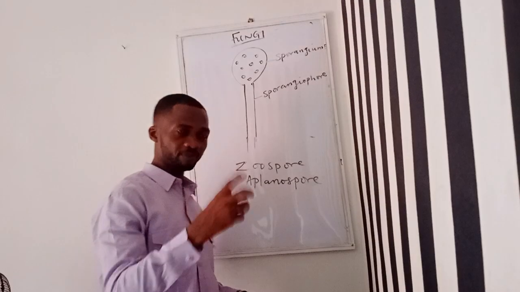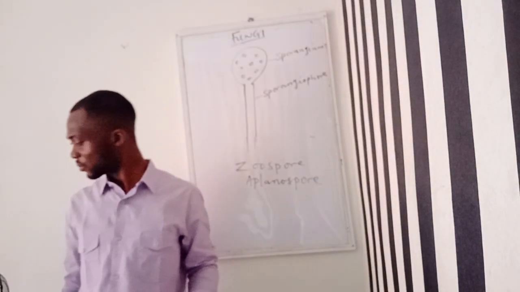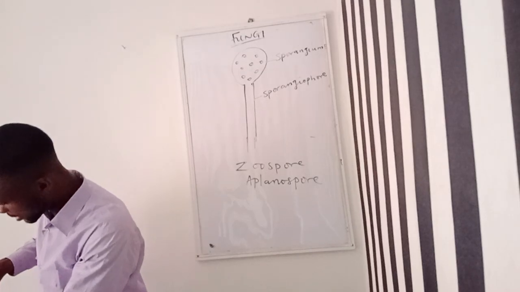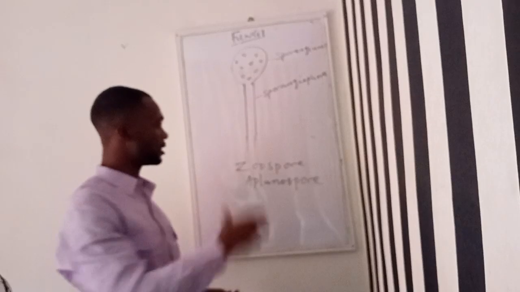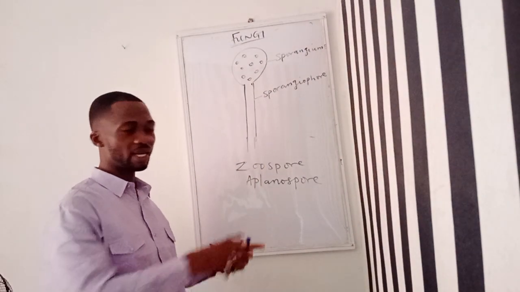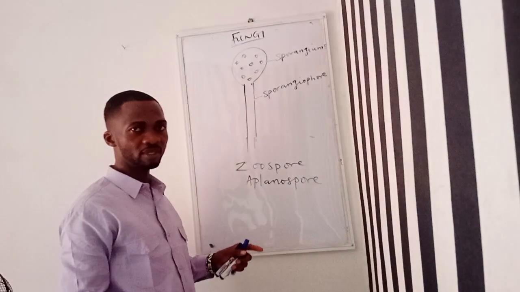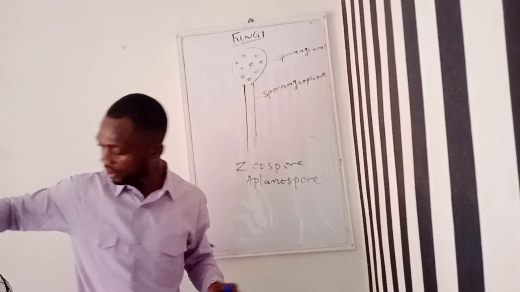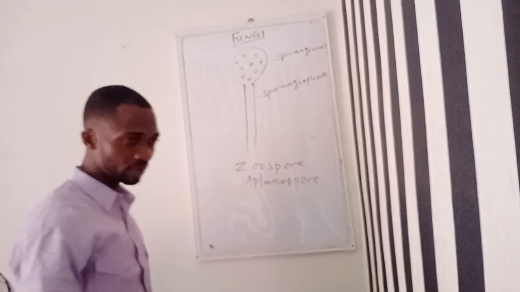When we say they are motile, that means they have a locomotory structure, a flagellum, that enables them to move. Those that are motile are called zoospores, and the spores that are not motile are called aplanospores.